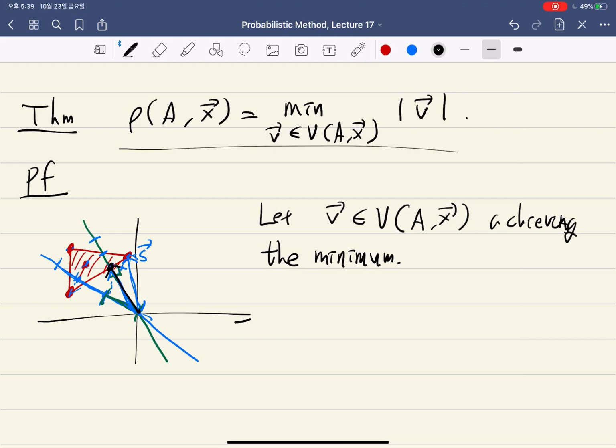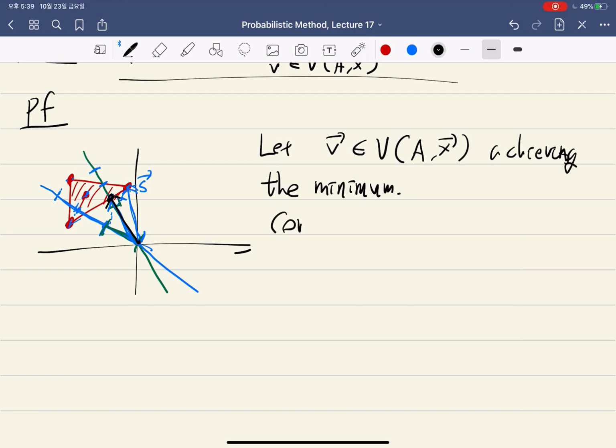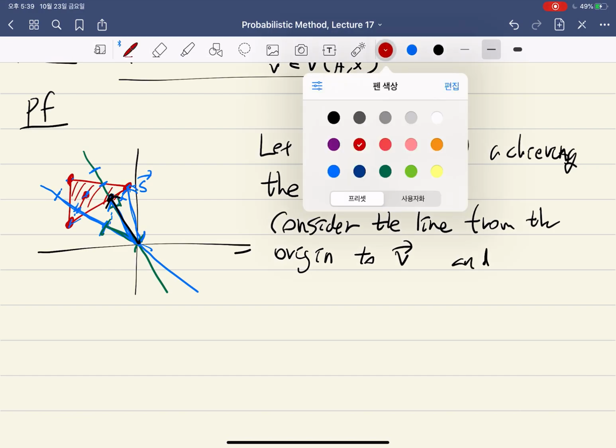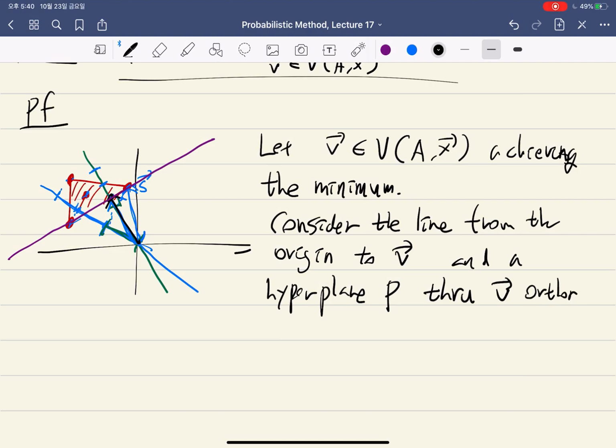So this is the V. And as we did here, we consider the line from the origin to this V and a hyperplane P through this V which is orthogonal to the line.